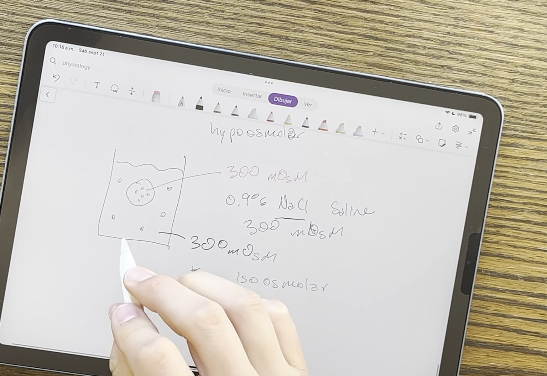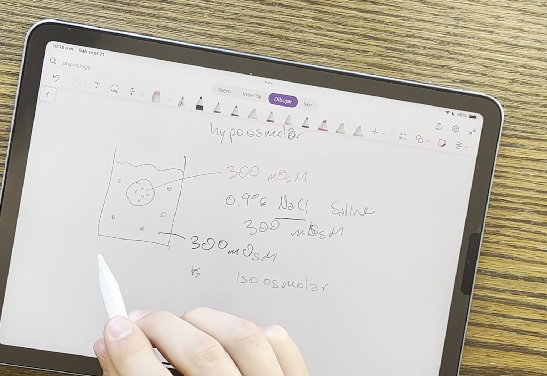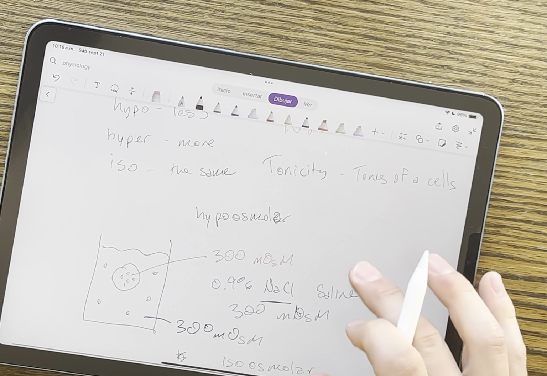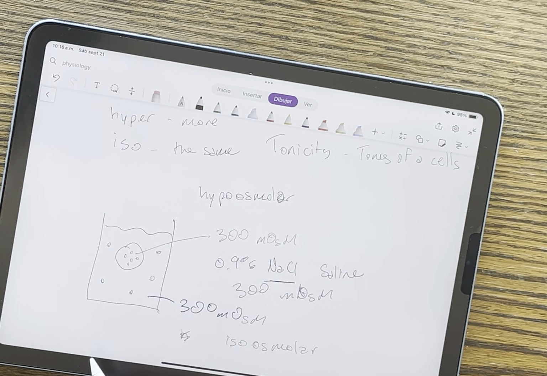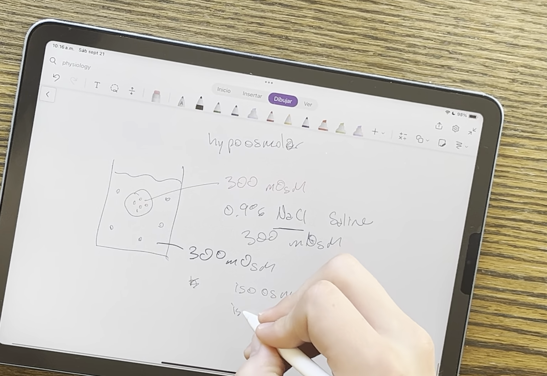And then if we compare the tonicity, water is not going to flow either direction, or there is going to be water flow, but there's going to be no net change of water flow. And that's really what's measured, because there's always water passing through. It's just whether or not it is changing the net volume of the cell in solution. And so we could consider it isotonic.